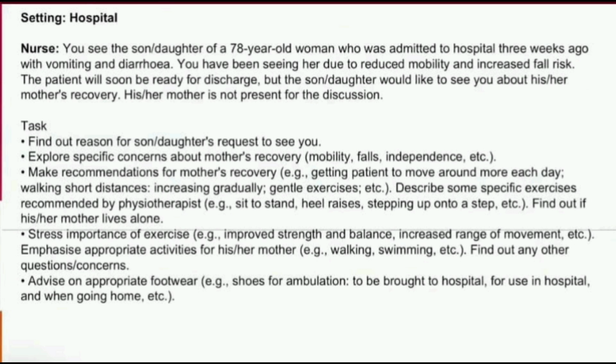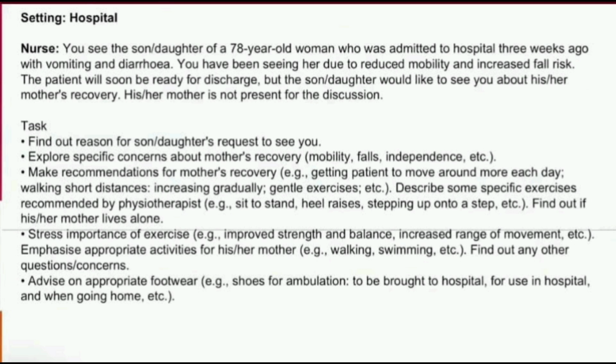Along with this sentence, we can also add: as your mother has been admitted to our hospital for the last 3 weeks with diarrhea and vomiting, and I am here to see her as she has reduced mobility and increased fall risk.